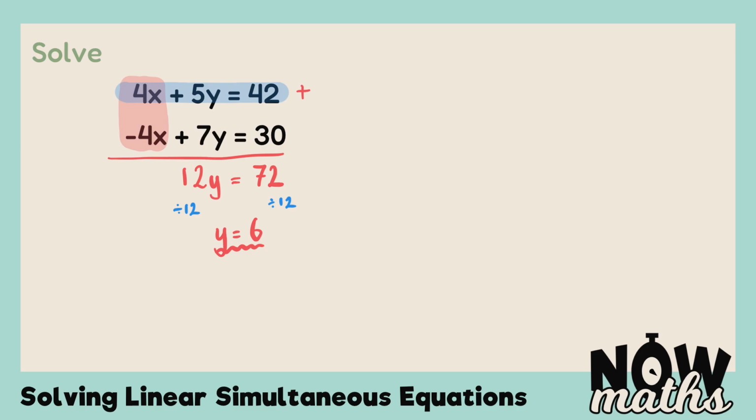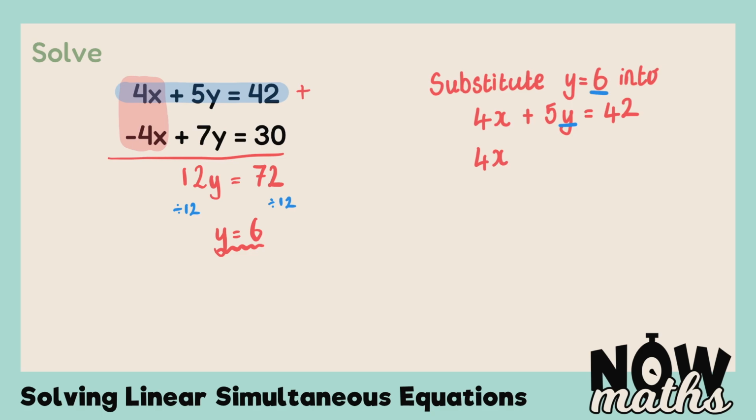So we write that we're going to substitute y equals 6 into 4x add 5y equals 42, and when we make our substitution of y for 6, we would write 4x and 5y becomes 5 multiplied by 6, which is 30, equals 42.